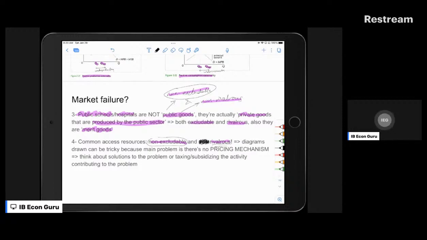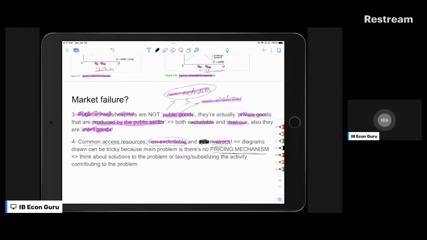Diagrams drawn here can be tricky because the main problem is there's no pricing mechanism for the resource. Don't try and draw a diagram for the common access or the common pool resource itself. Try to draw a diagram for the product that is overproduced, okay?